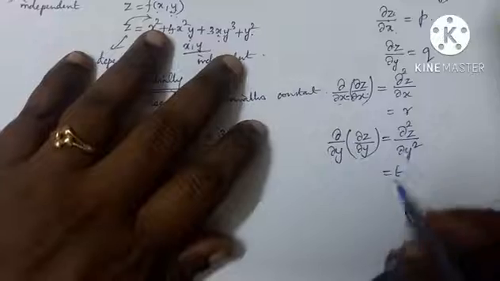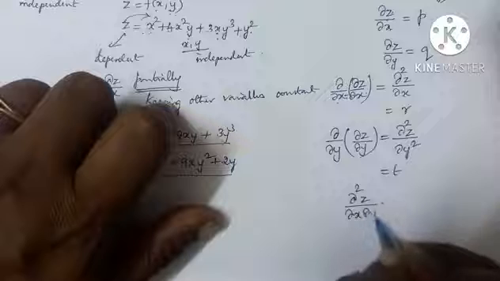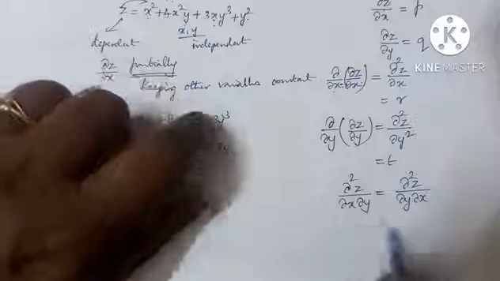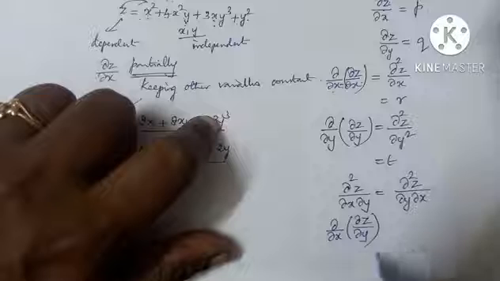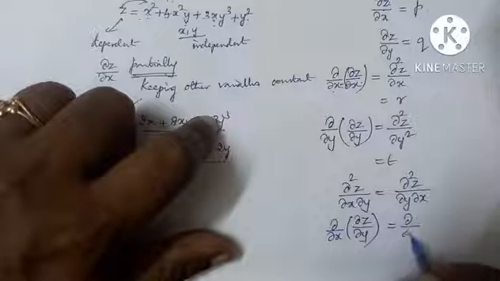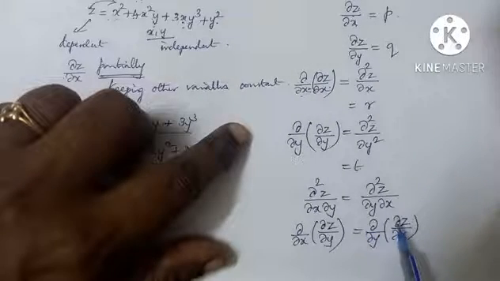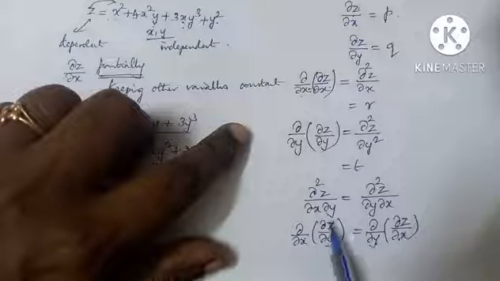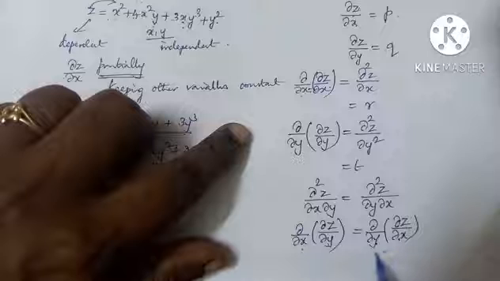And you have already studied in school that dou square z by dou x dou y is equal to dou square z by dou y dou x. What is the meaning? Dou by dou x of dou z by dou y is dou by dou y of dou z by dou x. When you differentiate dou z by dou x with respect to y, or dou z by dou y with respect to x, the answers will be the same.